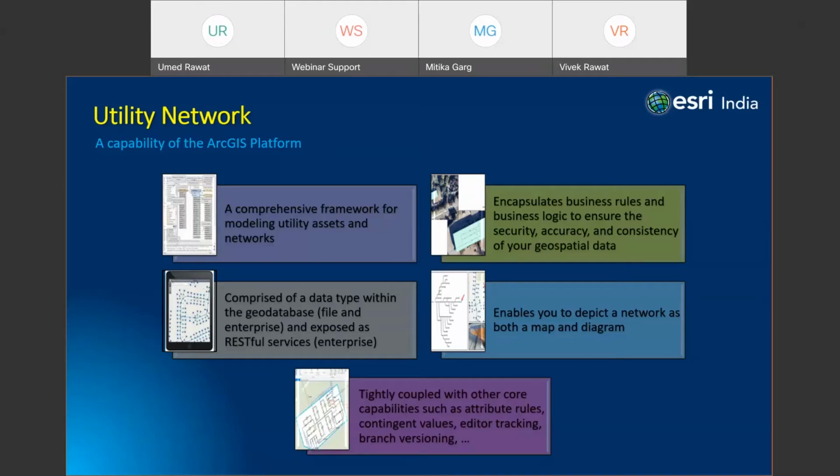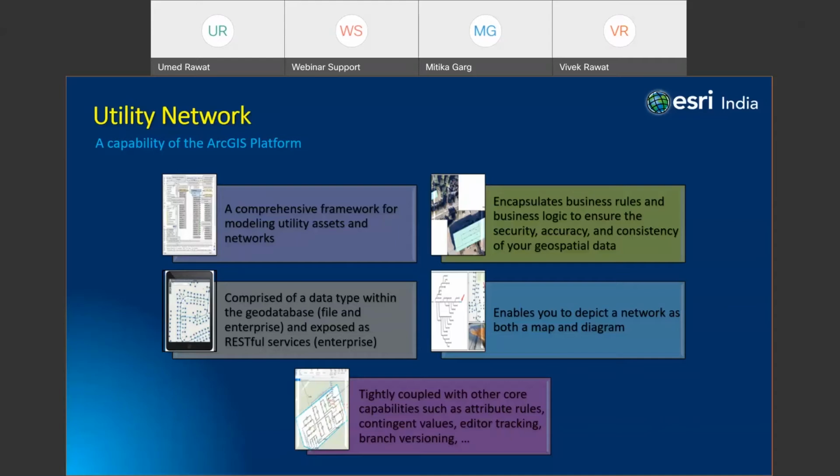The data is within the geodatabase, but when you expose it in an enterprise, it becomes REST based integrations. This is helpful for integrating all your other third party systems using the enterprise capabilities and secure RESTful services, and you can take those REST services and enable web based editing capabilities also.